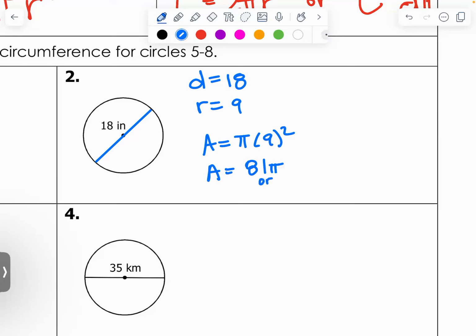All right, Sam, what's 81 times pi? You agree with Sam? 0.5? Gotta round up. Okay, Sam, what's our label? Inches squared.